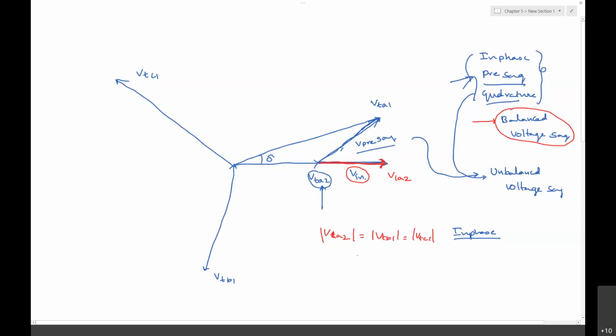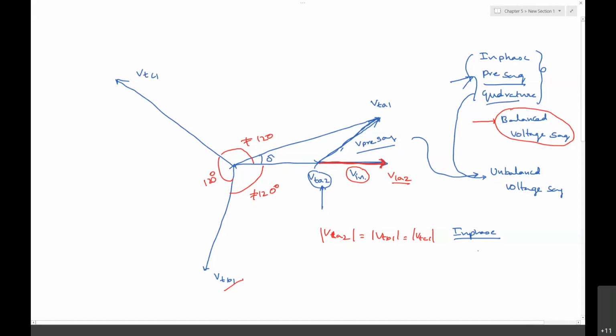But the phase angle difference between VTC1 and VLA2 is not equal to 120 degrees. And with respect to VTB1 and VLA2, it is not equal to 120 degrees either. The phases are not balanced.